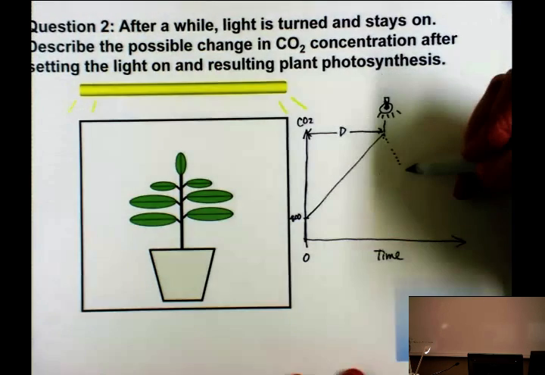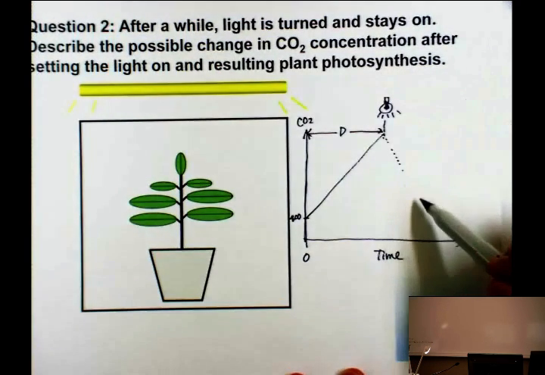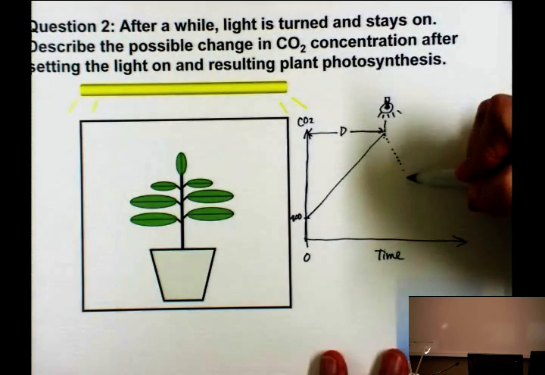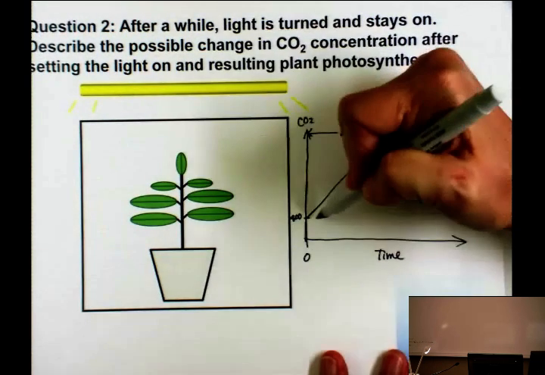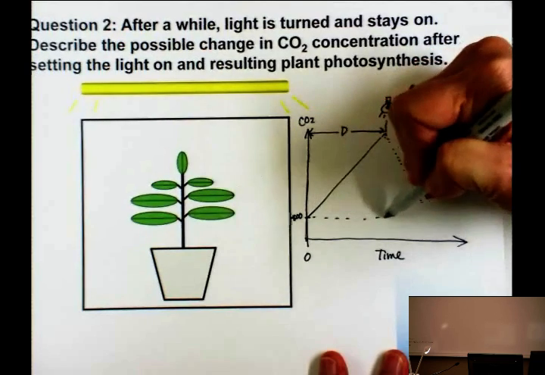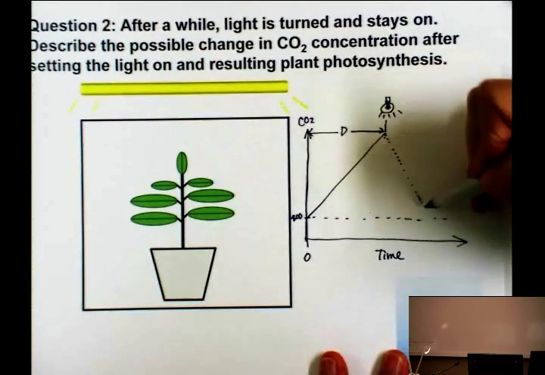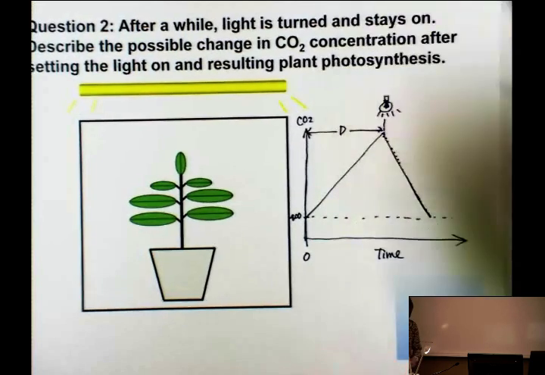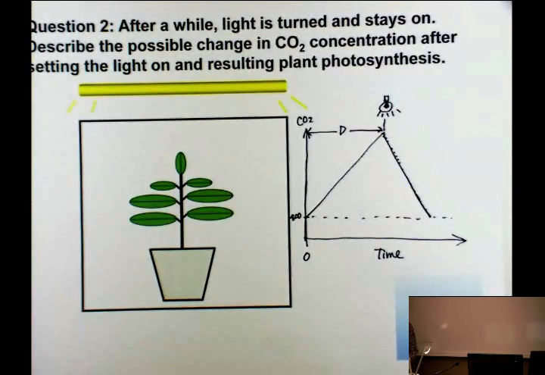Going down, until you get to 400. Okay, so until you get to 400. And then what happened? Continue going down. Why? It's a sealed box, and at the 400 level you can still do photosynthesis, right?